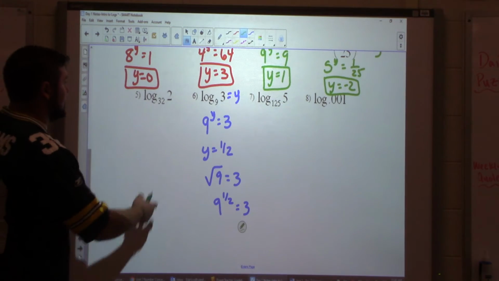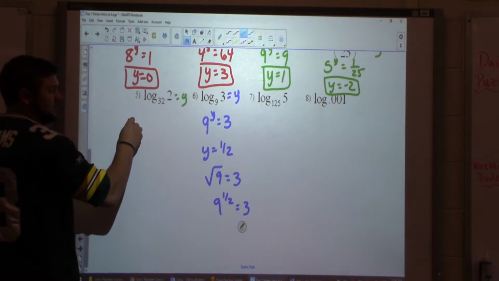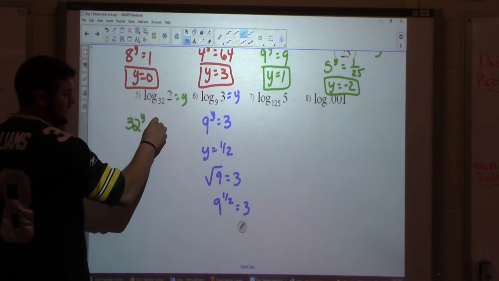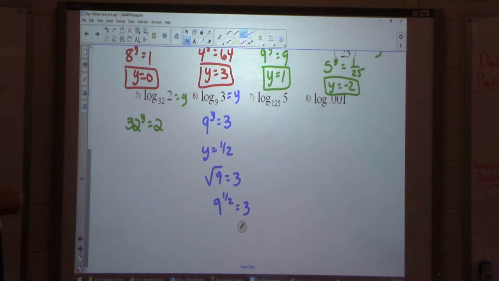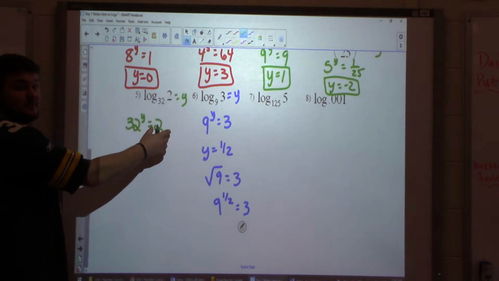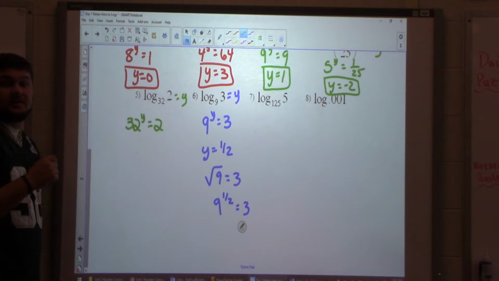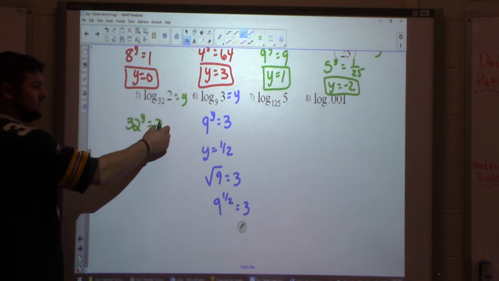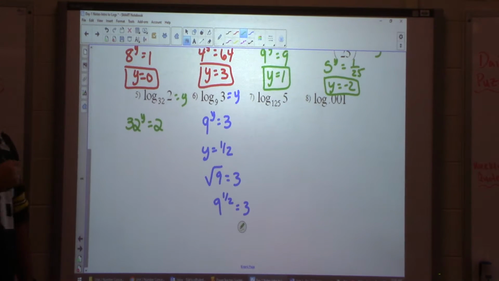If we go back to number 5, and I set it up as an exponential, I do 32 to the y power equals 2. First and foremost, we should realize I'm getting smaller, so I know it's going to be a fraction. The easiest way to think about it, guys, is to think: 2 to what power will get me 32?